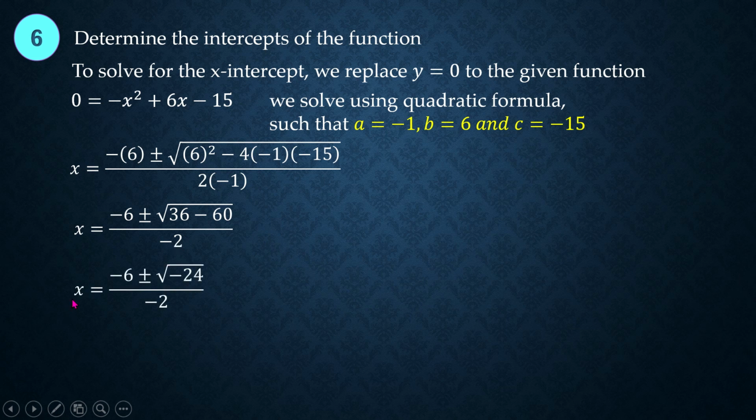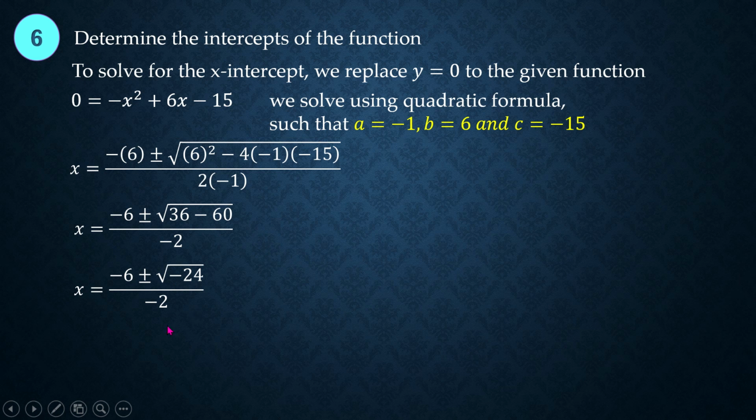To continue the solution, x equals negative 6 plus minus the square root of 36 minus 60. Notice that 36 is much smaller than the 60 you are subtracting, so it would give us a negative answer: the square root of negative 24 over negative 2.